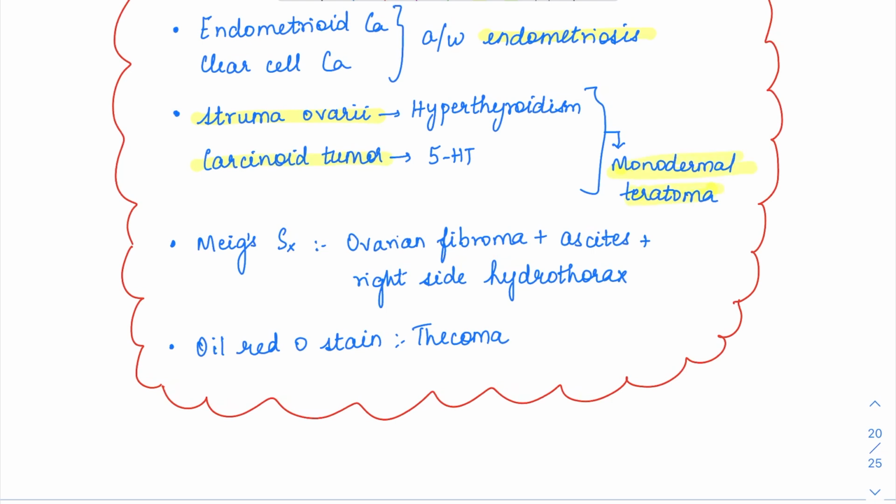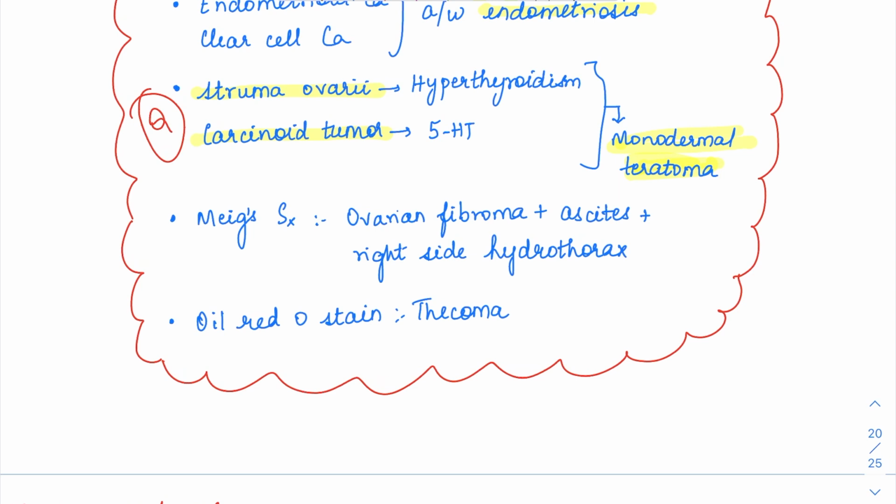So, struma ovarii is nothing but thyroid tissue present in the ovarian tumor. So, when thyroid tissue is present, then we call it a struma ovarii, and that is a monodermal teratoma. Suppose there is a carcinoid tumor in the ovary, that is again considered a monodermal teratoma. So, these two are examples of monodermal teratoma.